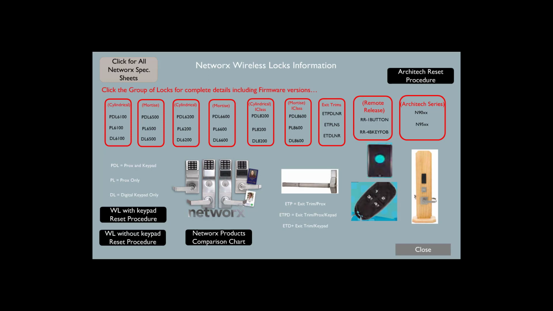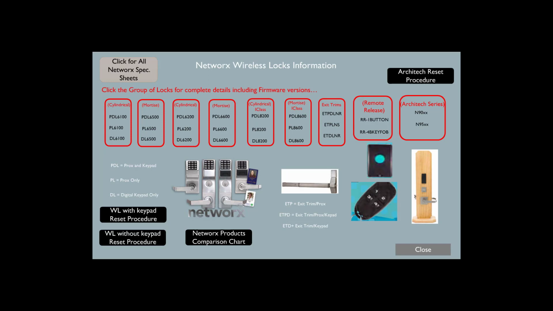Please contact Continental Sales for the correct Architect part numbers. Also on this screen is an image of 2 different remote releases, along with an exit trim lock. The remote releases come in a 1-button and a 4-button model. The exit trim locks are push bar locks.